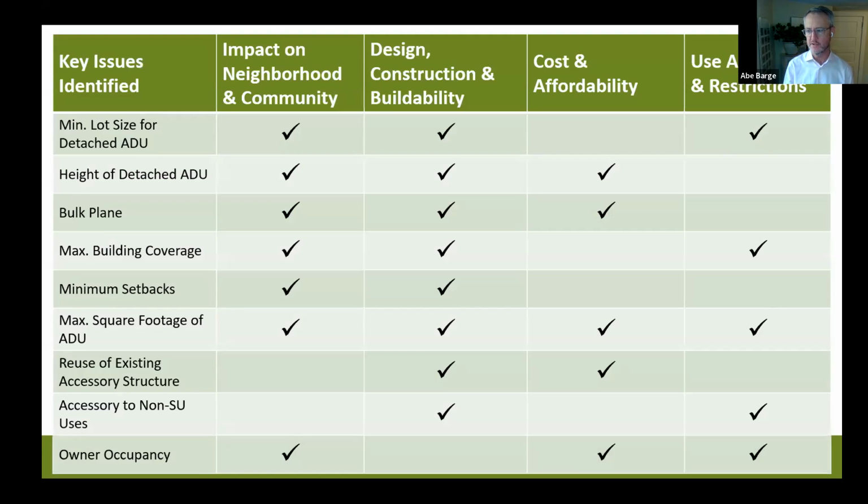And this big overwhelming chart is really just indicating, on the left side, that column starting with minimum lot size for detached accessory dwelling units, the issues that have really risen to the top of the list as the biggest issues. And you can see those categories of issues across the top, like impacts on neighborhoods and community. Most of these issues fit in more than one category. Well, all of them do.